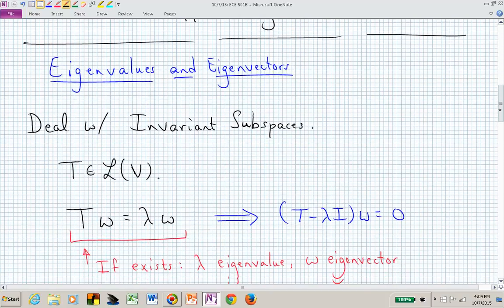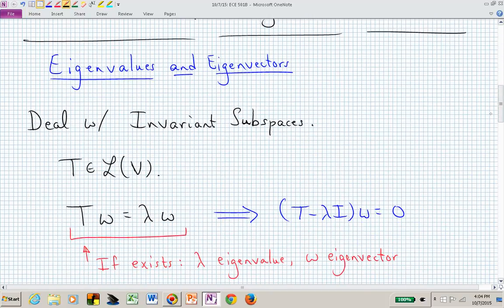As a recap, here is what we've been talking about: eigenvalues and eigenvectors. When you hear an eigenvector, I want you to almost immediately start thinking of an invariant subspace. That gives you a different way of thinking about eigenvectors. If we start in a direction and operate on it with this linear map, we stay in that direction.